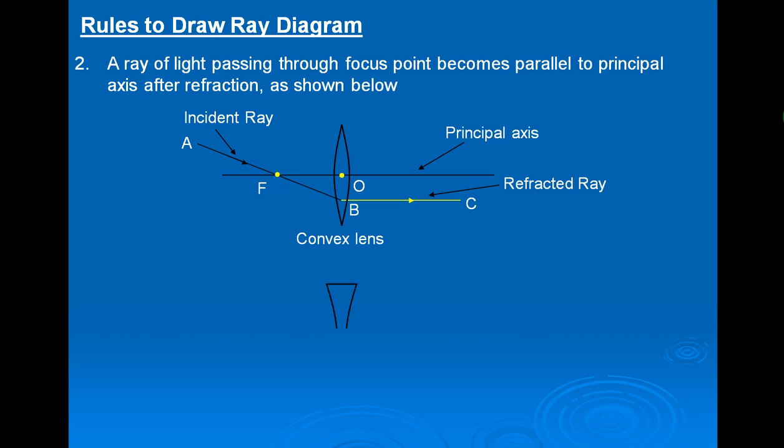Now for the concave lens, so this is the concave lens. Point O is the optical center, and suppose this is the principal axis of the lens.